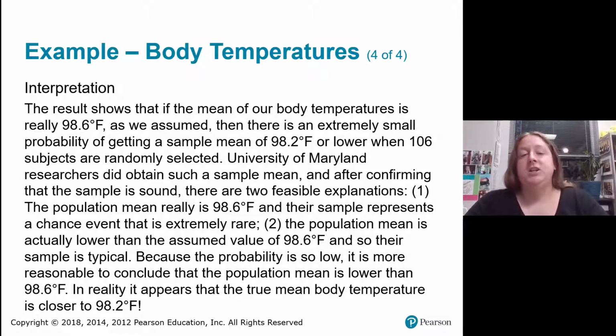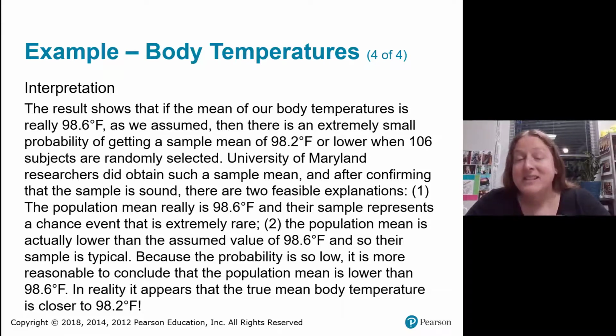Or the population mean is actually lower than the assumed value of 98.6 degrees, and so their sample is more typical. Because the probability is so low that we got that sample by chance, it's more reasonable for us to conclude that the population mean is lower than 98.6.